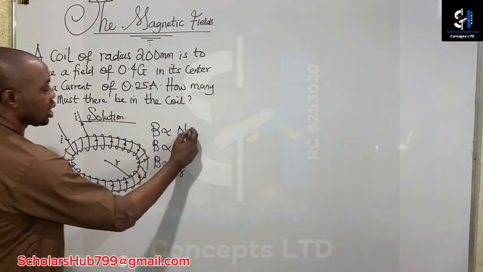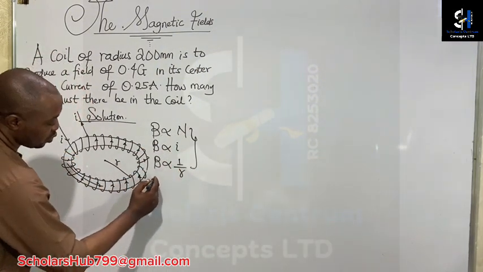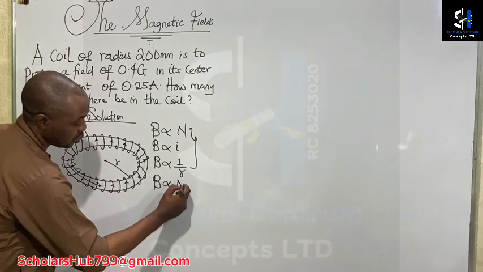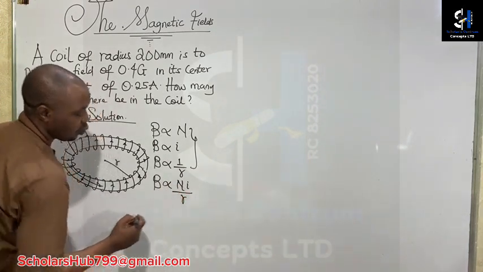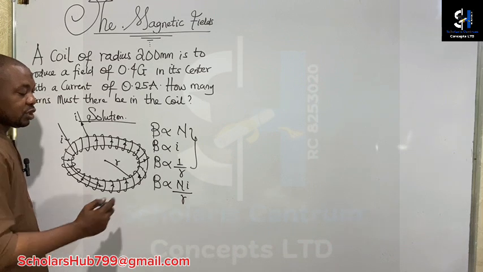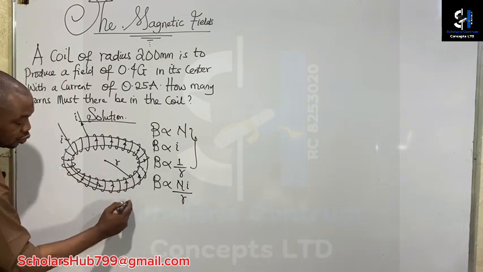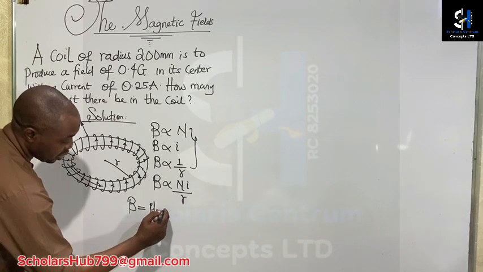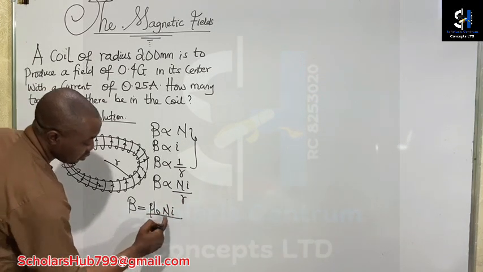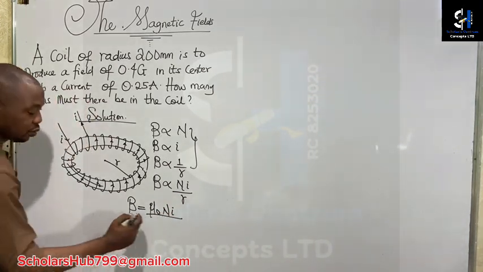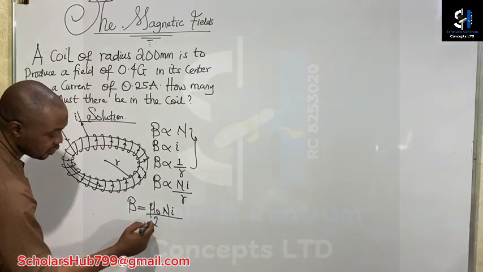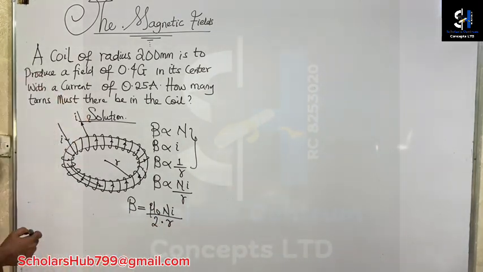When these are combined, we have that B is proportional to Ni over R. The constant we introduce gives B equals permeability of free space multiplied by N multiplied by the current through the coil, over 2 times the radius of the coil.